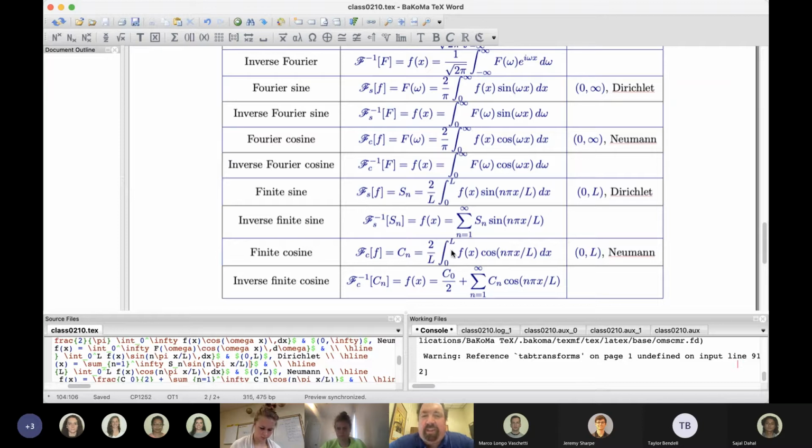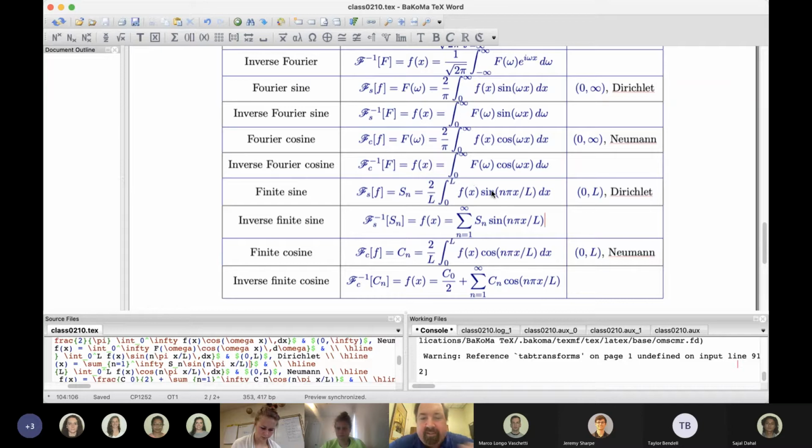You may remember, if we're solving a PDE by separation of variables in the interval 0 to 1, so L is equal to 1, then what are your coefficients? 2 times the integral from 0 to 1 of your initial data times sine n pi x. So this is not really new territory here, but now I'm describing all the transforms in one place, just so you can see their similarities and differences.